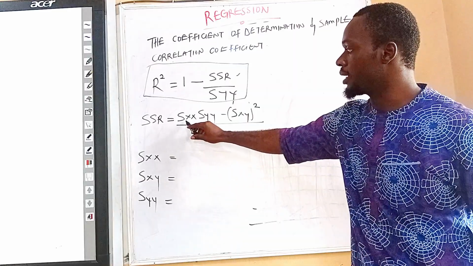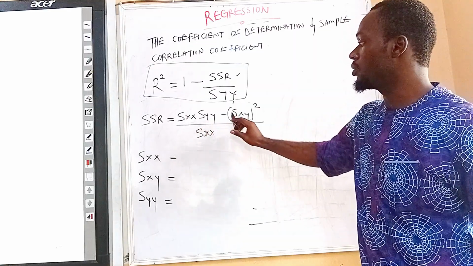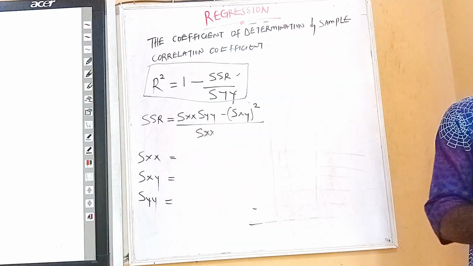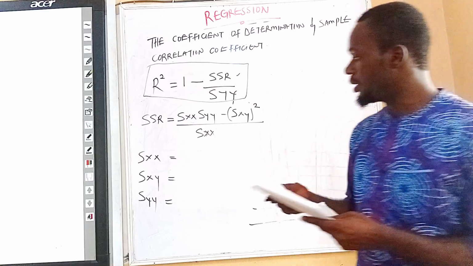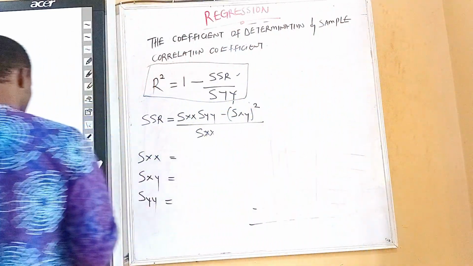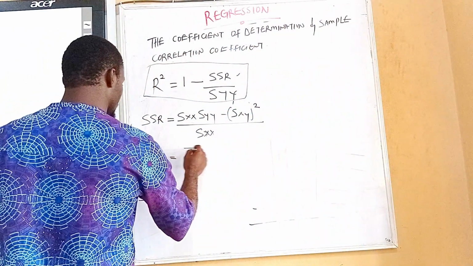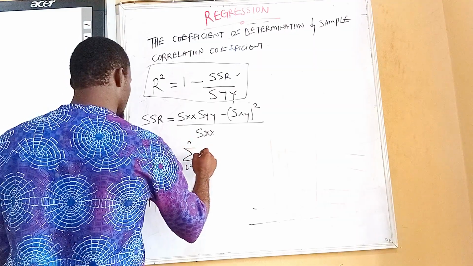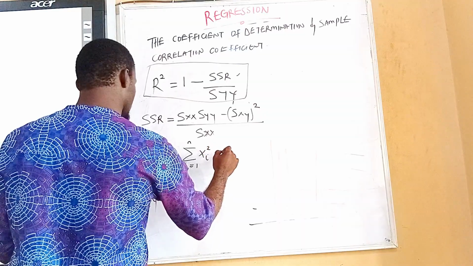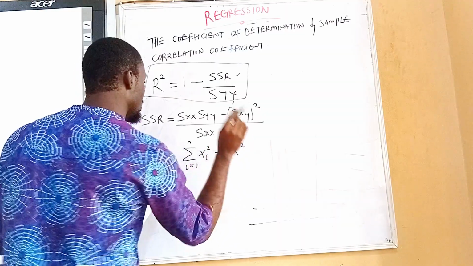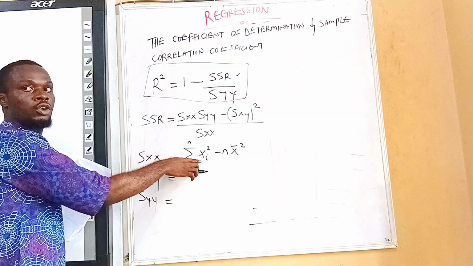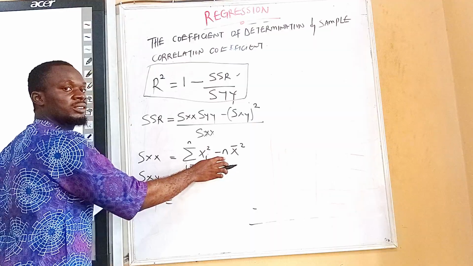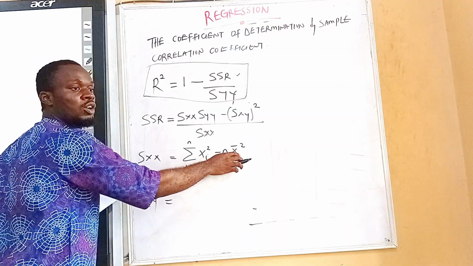So here we don't know SXX, we don't know SYY, we don't know SXY, so we have to produce their formulas. SXX is equal to the summation of the square of all your X, minus the total number of samples times the square of the X mean.